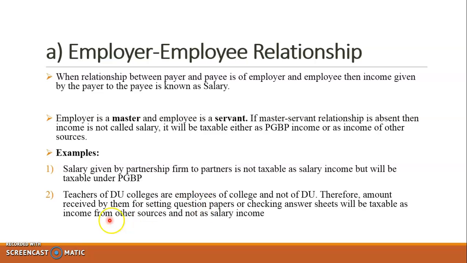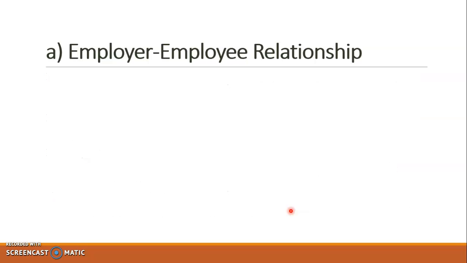So whatever amount is received by us for setting question papers or for checking answer sheets will be taxable as income from other sources and not as salary income, because Delhi University is not my employer. Who is my employer? The college. So the amount the college gives me is my salary income, but whatever the university gives me is income from other sources.